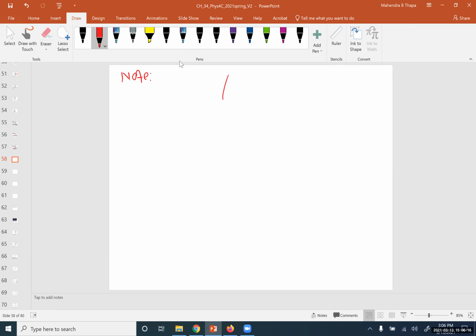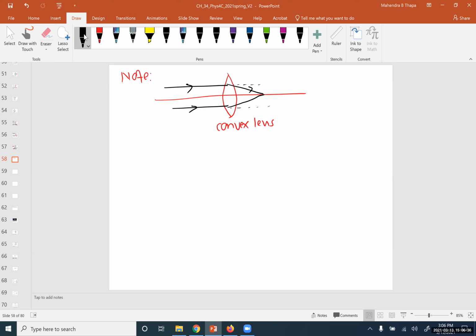If you have a convex lens and you pass rays parallel to the principal axis, it will bend towards the principal axis.